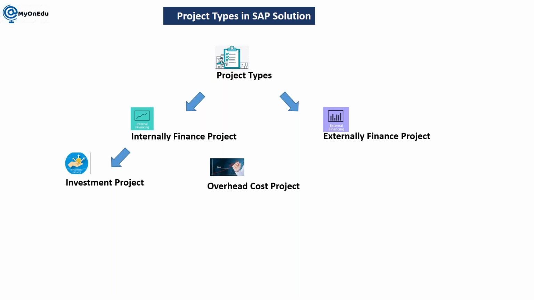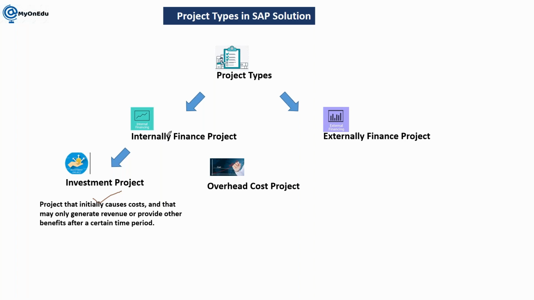Okay. So in SAP, when you are understanding investment projects, these are projects where initially you are incurring the cost to execute the project, but you don't have any revenue at the initial stage. Let's say you are constructing a plant, building or office for your organization. At this stage, when you are executing the project, you will not have any direct revenue.